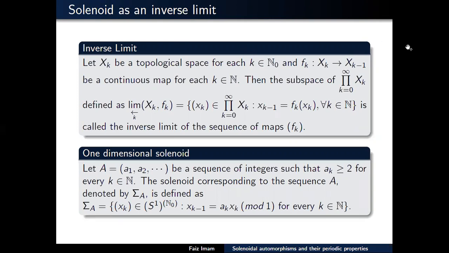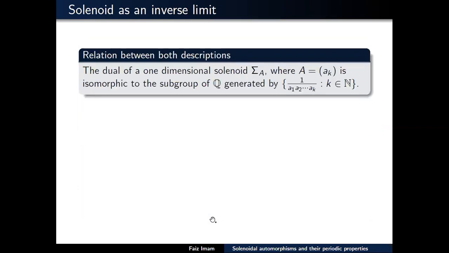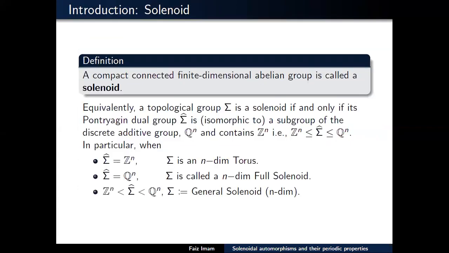Yeah, sure. You define the definition of a solenoid on the previous slide. Is there a classification of compact, connected, finite dimensional abelian groups? Like, the Pontryagin duals just range between Zn and Q to the n. Do the groups themselves have a classification? What do you exactly mean by classification?